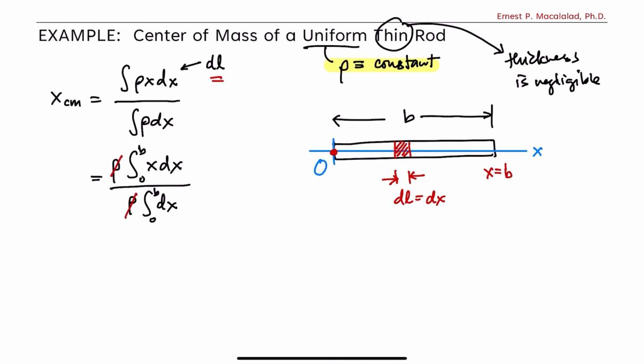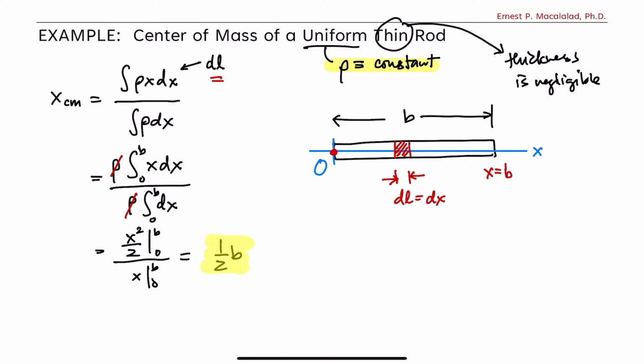So that means, and then we can integrate this. This becomes x squared over 2, and then evaluated from 0 to b, then divided by x evaluated from 0 to b. So evaluating these limits, we now have 1/2 b.